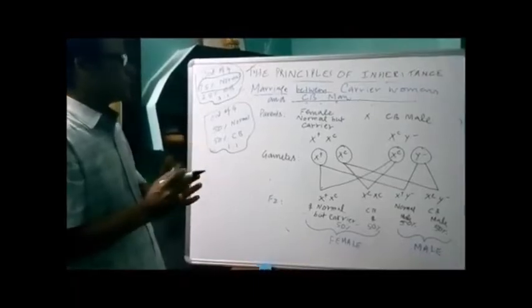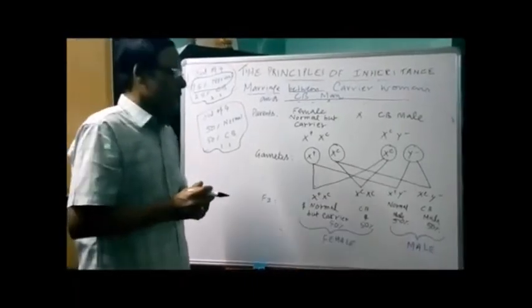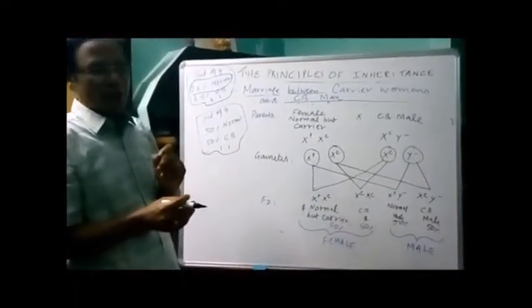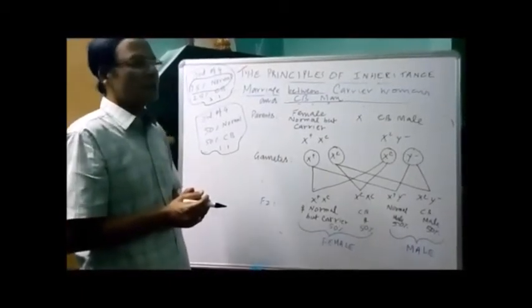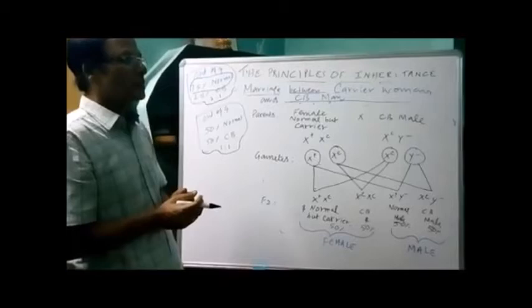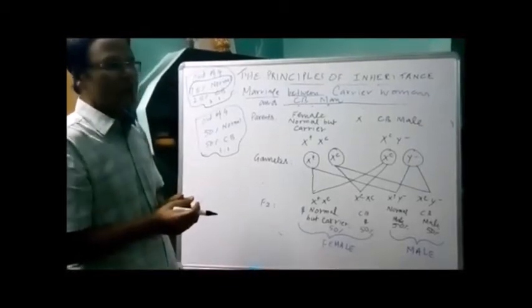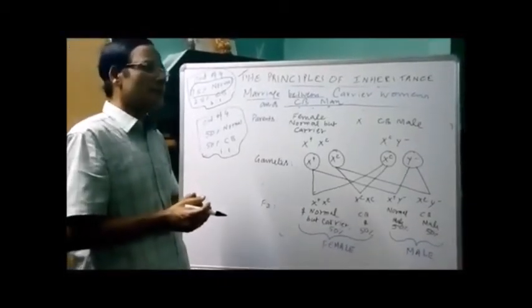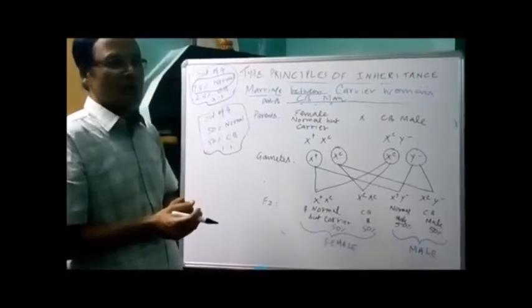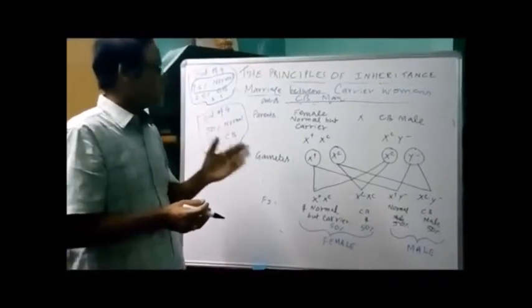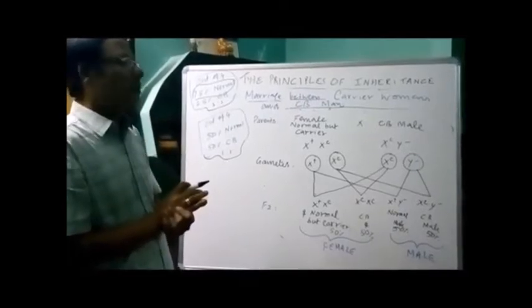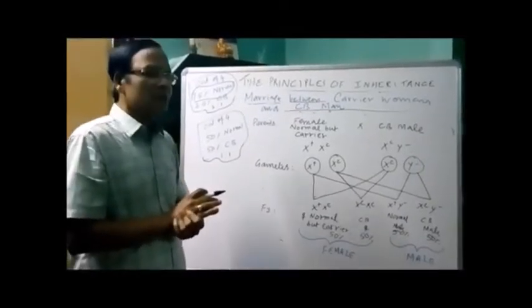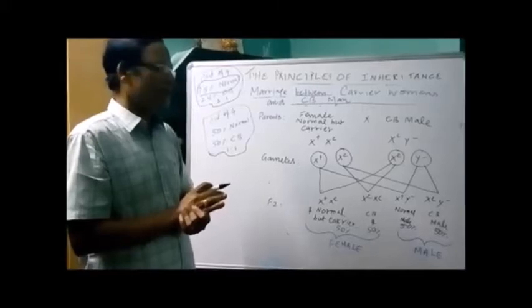Now I want to tell you one piece of information. A woman who carries the gene for color blindness always has 50% of her sons colorblind.